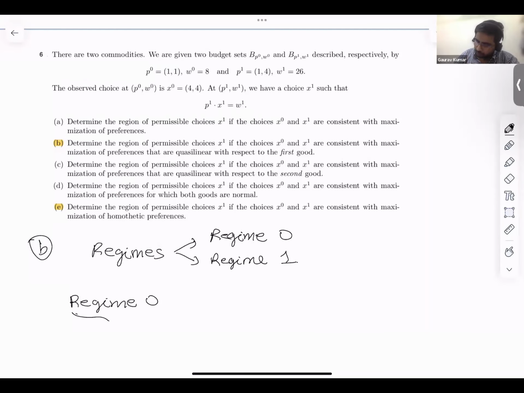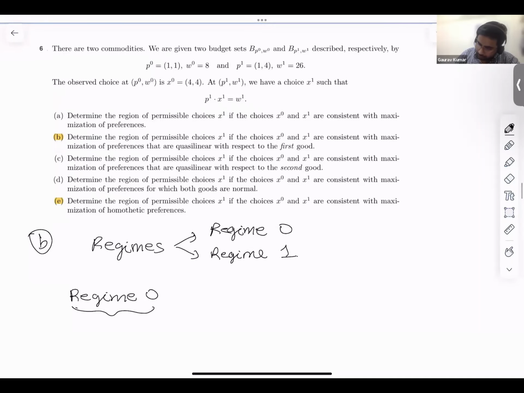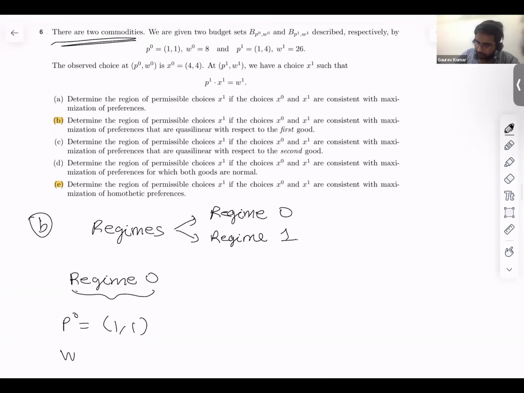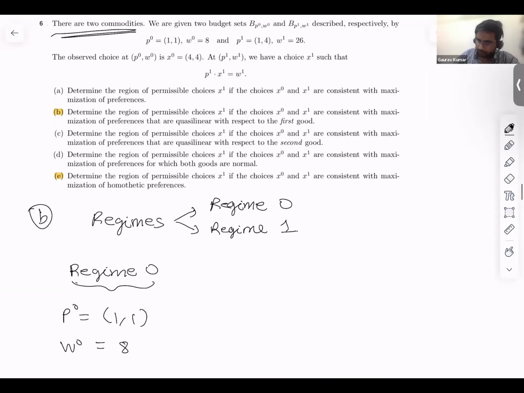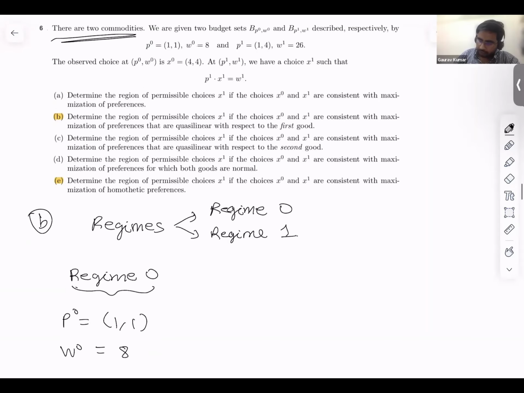Regime 0 says that the price vector for the two goods, so it's a two-good world, is 1 comma 1, as you can see mentioned at the start of the question. Your income is 8, and the bundle you are consuming is 4 comma 4. So what does this mean?